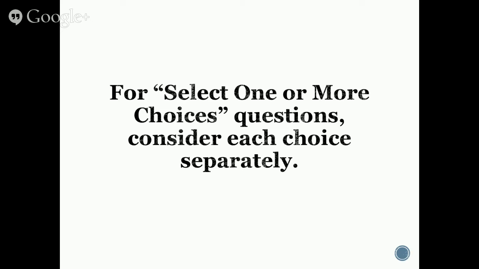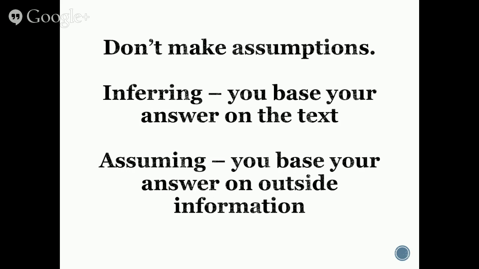Now, just because it says select one or more doesn't mean that you always have to select more. It may just be one answer is correct and they're trying to trip you up. But in some of those, you're going to be selecting more than one. So do keep that in mind. And this is one of the instructions that you need to pay attention to that you may miss. You may just see the select one or select more. So that's the kind of thing you need to pay attention to as you're reading the instructions.